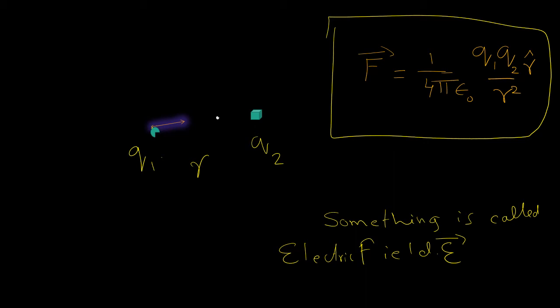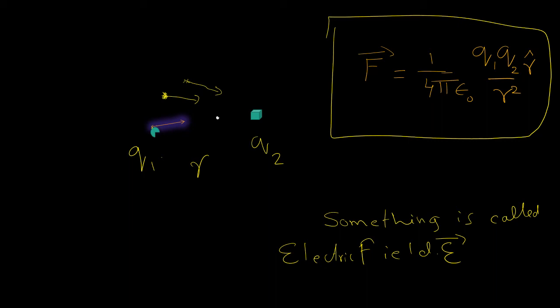Faraday says that at every point surrounding the charge there exists a certain quantity called electric field, and charges won't see other charges directly, they respond to the fields produced by those charges.